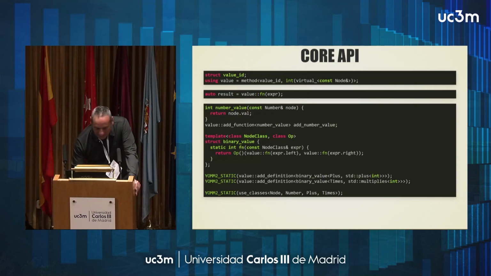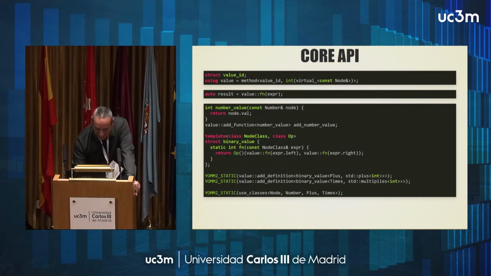And what's interesting here is that you can use templates. Here, to implement plus and times, you know, they're both binary operations. I simply templatize my definition container by the node class which I use here in the signature of the function, and op, which is either std plus or std multiplies. And here I have added my two definitions for times and multiplies.